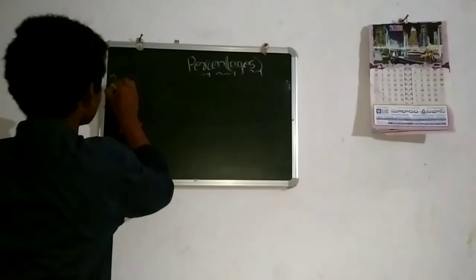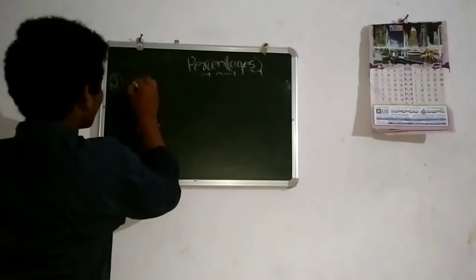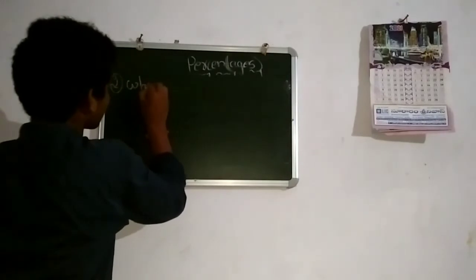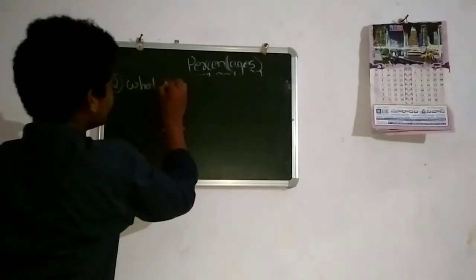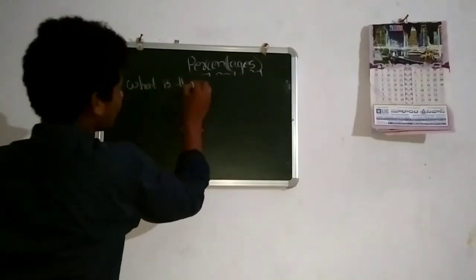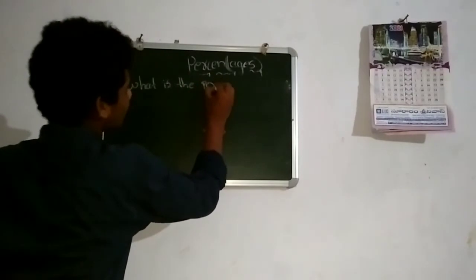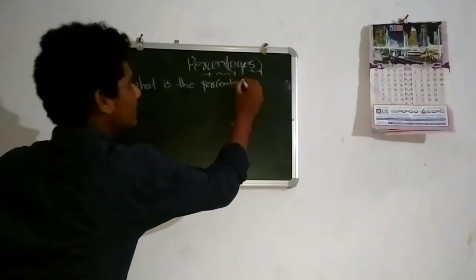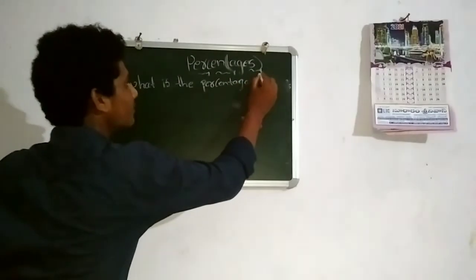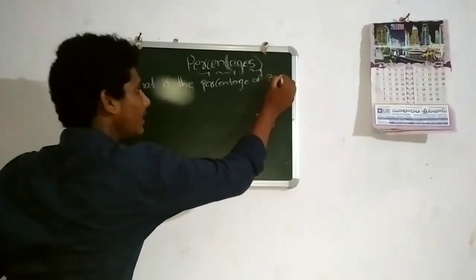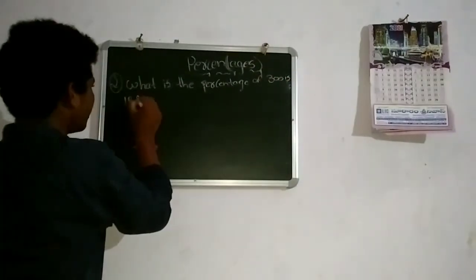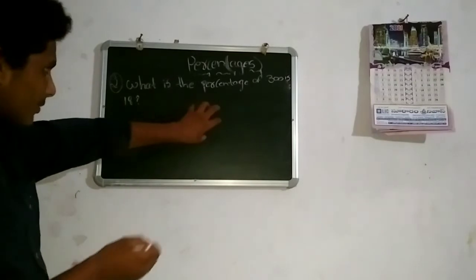Second word problem is: what is the percentage of 300 is 18. Okay, this is our second word problem.